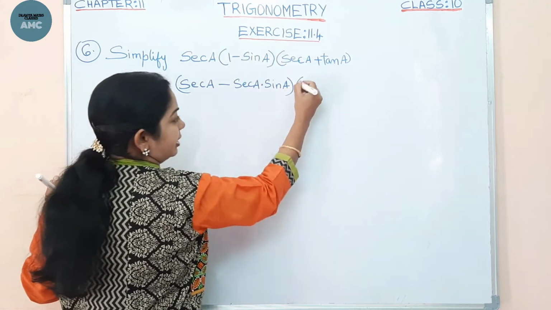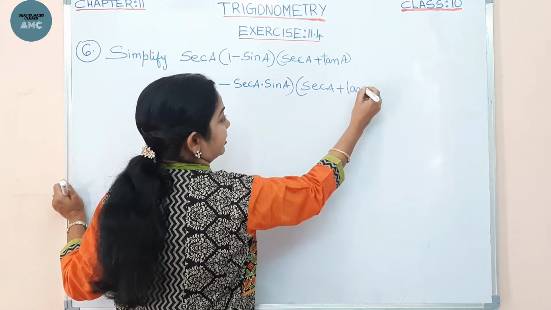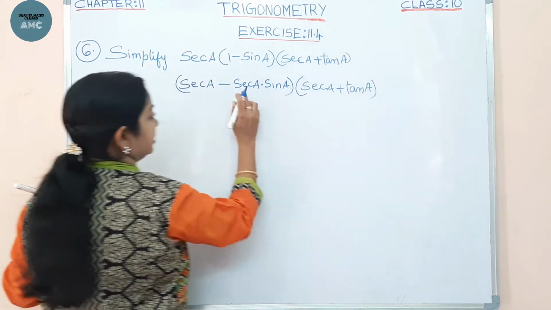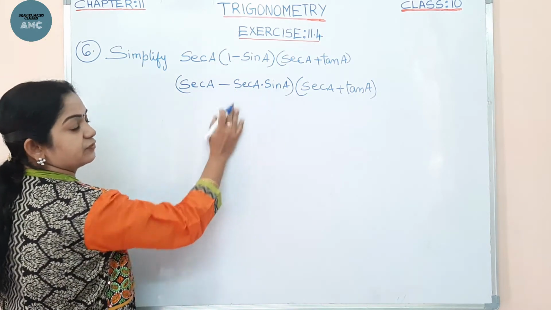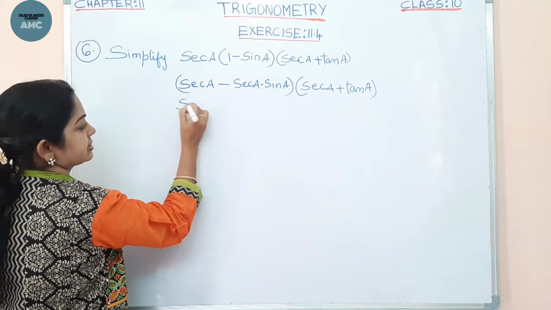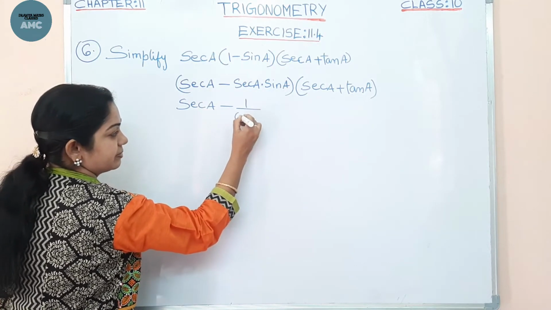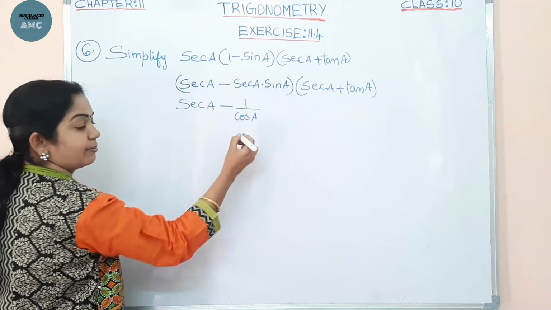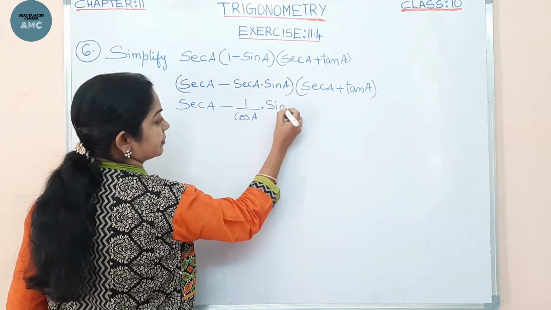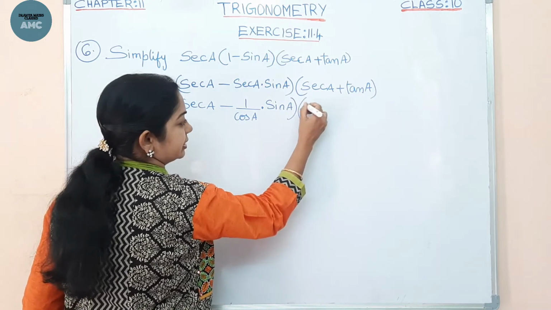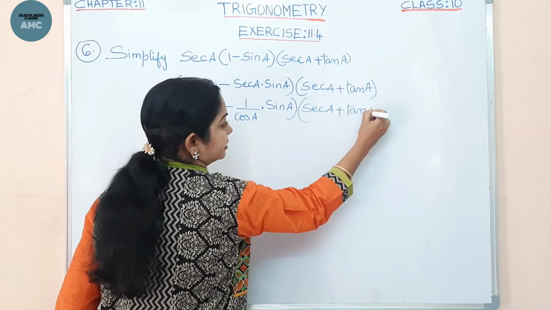The second part I'll keep as it is, secant A plus tan A. Now secant A is the multiplicative inverse of cos, so 1 by cos A is secant A. I will replace it with 1 by cos A, multiplied by sin A. The second part is as it is, secant A plus tan A.